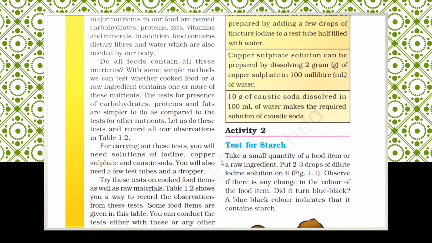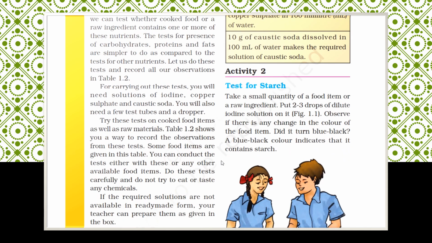For carrying out these tests, you should have solutions of iodine, copper sulfate and caustic soda, and you will also need a few test tubes and droppers. Try these tests on cooked food items as well as raw materials, and table 1.2 shows you a way to record the observations from these tests.